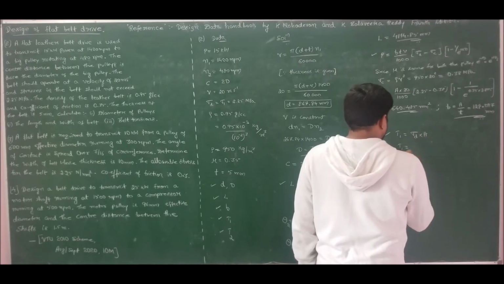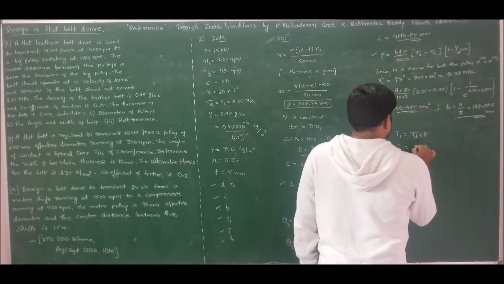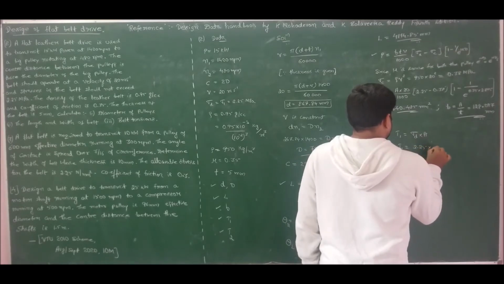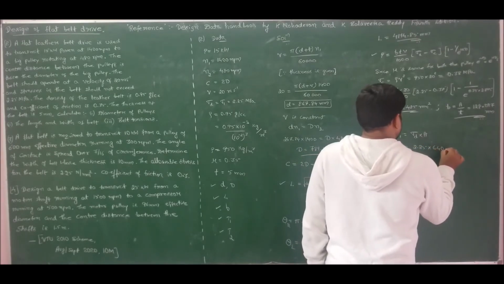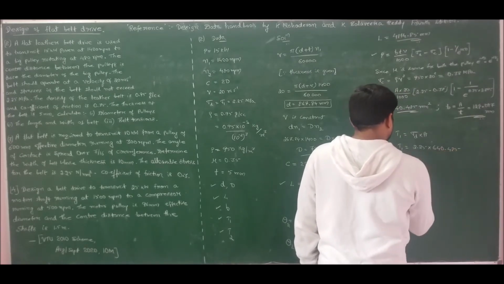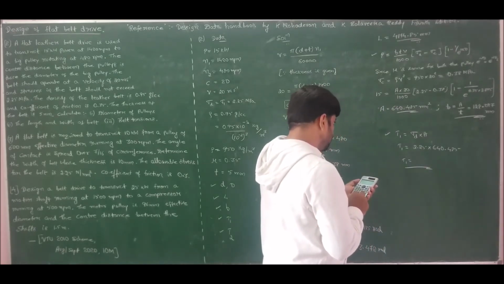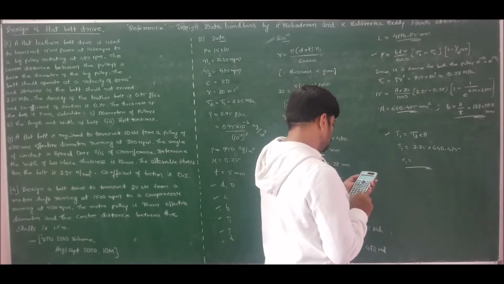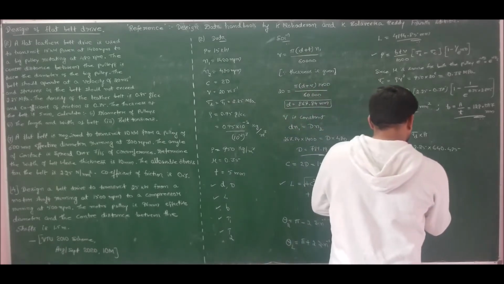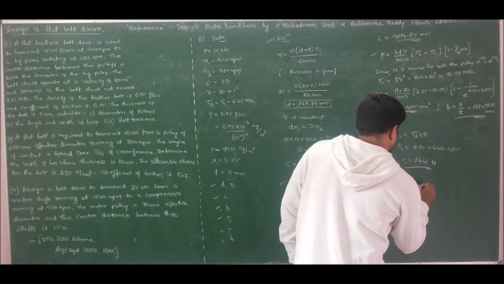So the tension on the tight side will be sigma D, given as 2.25, times the area, 640.485, which is nothing but 1441 newtons.